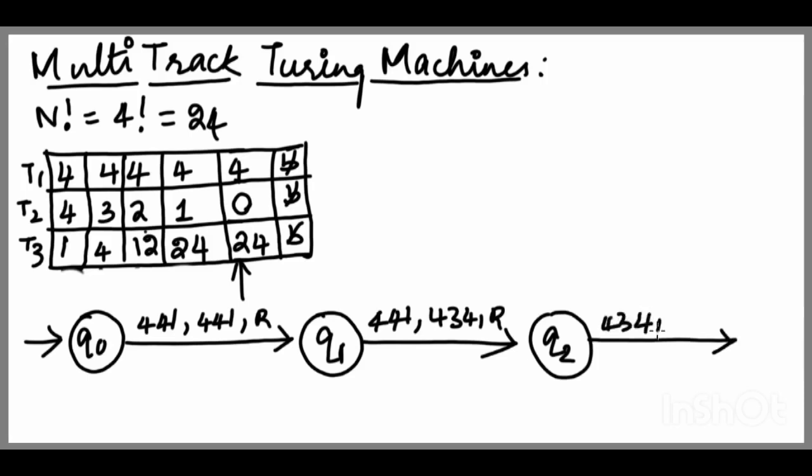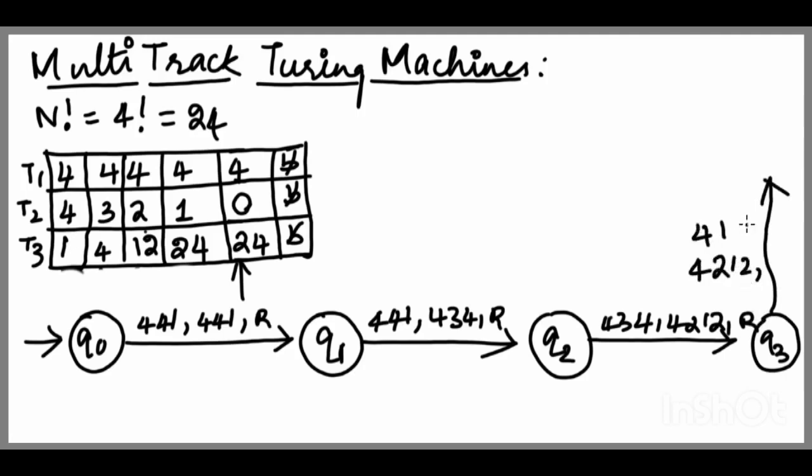We update them into 4, 2, 12 and move in the right direction, where we reach the next state, that is Q3. In Q3, we have 4, 2 and 12, where we update it into 4, 1 and 24. We certainly move forward in the right direction and reach Q4.